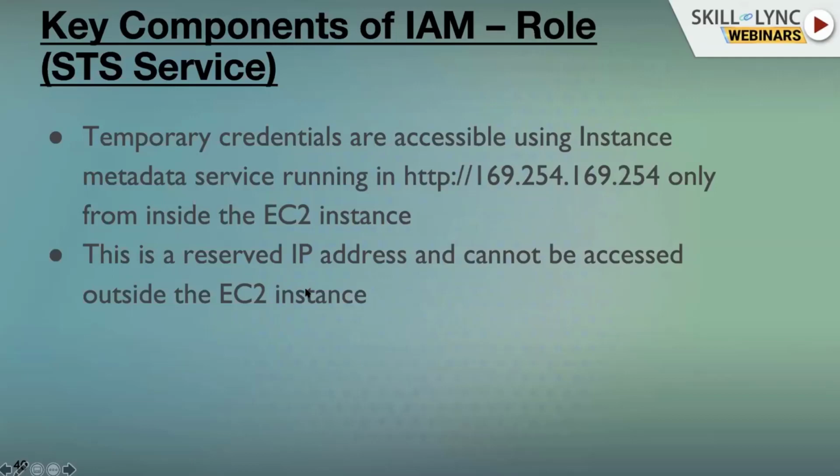This is a reserved IP address, so make a note of this. It cannot be accessed outside the EC2 instance. Say there are two EC2 instances within the same account. The metadata of one EC2 instance cannot be accessed by another instance. Only the instance itself can access it.